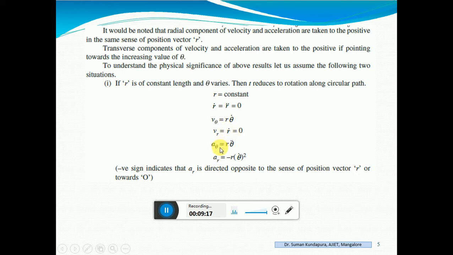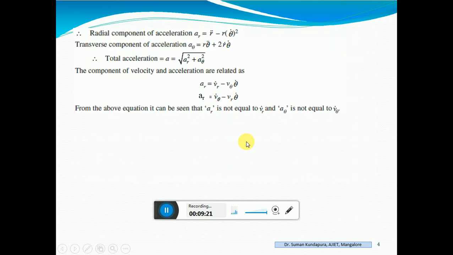Similarly, for the acceleration components. In the transverse component equation, r is constant, so this term remains, whereas the first derivative of the constant is 0, so that term goes off. Only a theta equals r into theta double dot remains.